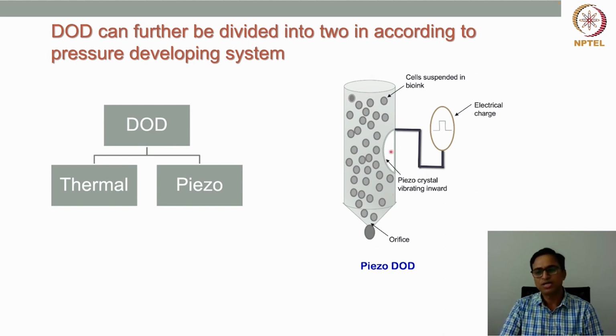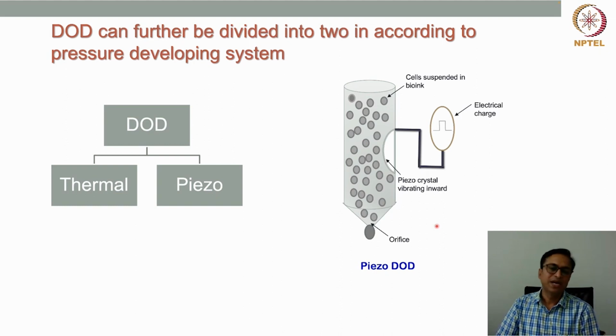But depending on the frequency, if the vibration frequency reaches somewhere like 15 to 25 kilohertz, that can be detrimental to the cells. There are a few studies which have found that there can be cell damage if the vibration frequency is in that range. But if you can control or optimize the process parameters, like if you can select the vibration frequency to a certain range, then that can be very well used for printing cells.